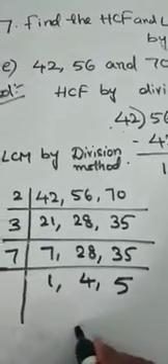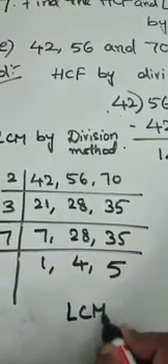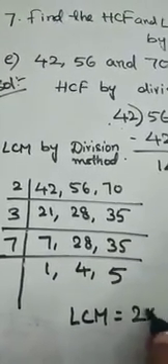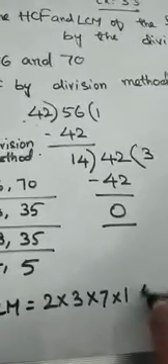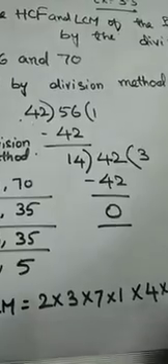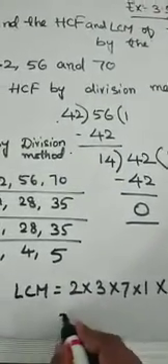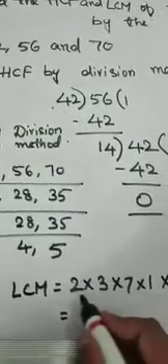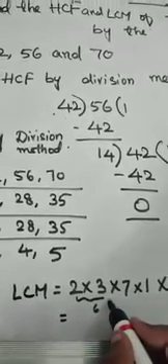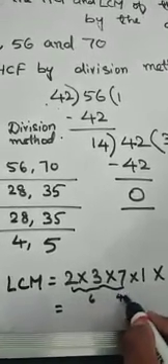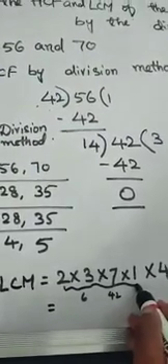Therefore, LCM equals 2 into 3 into 7 into 1 into 4 into 5. Here 2 3s are 6. 6 7s are 42. 42 into 1 is also 42.